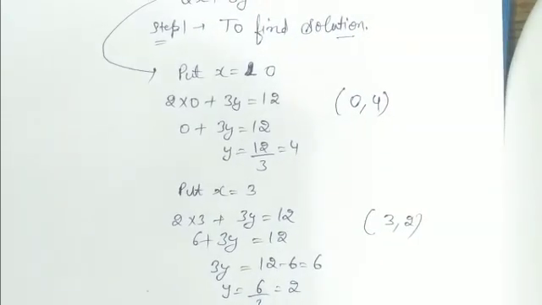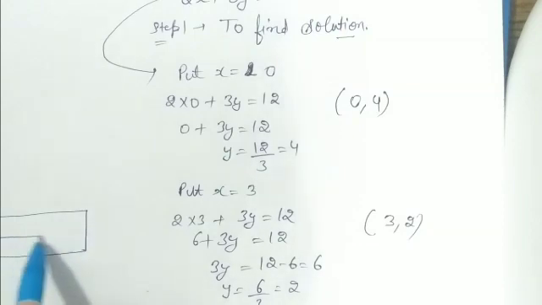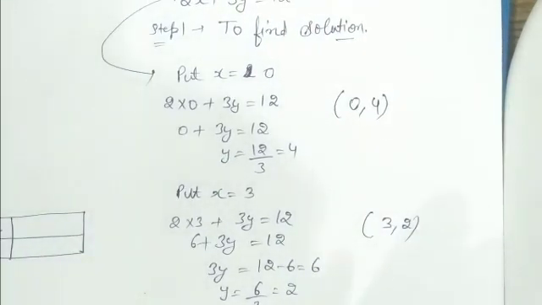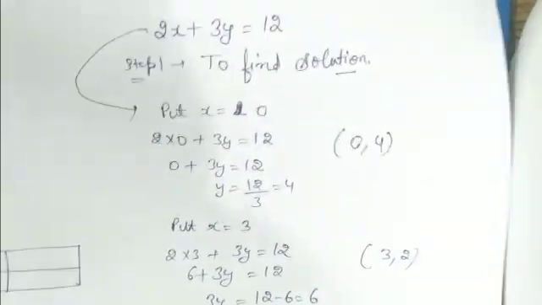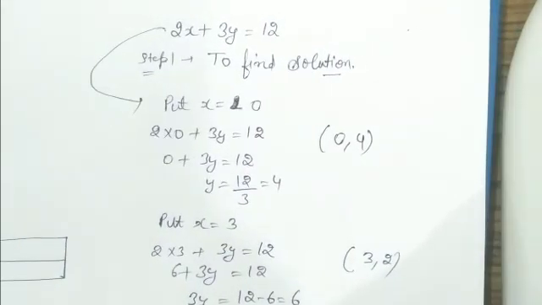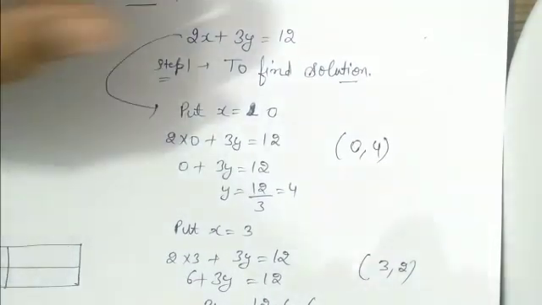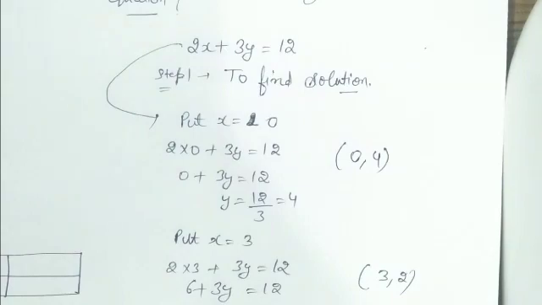The next step will be to draw a table of the solutions. That will be a small table showing us the solutions of the equation. This is just a method to do our work properly. It is not mandatory, but you should find the solutions properly and then draw the graph using this table.